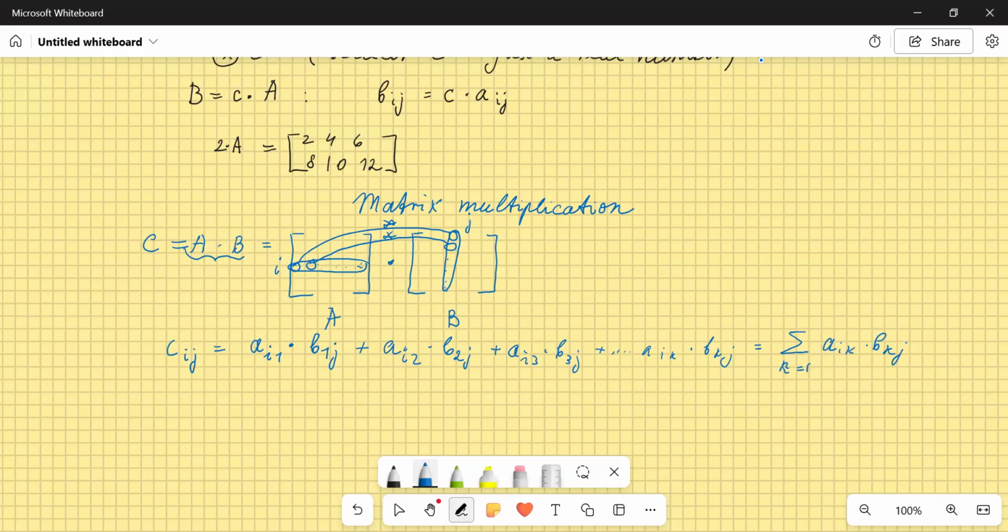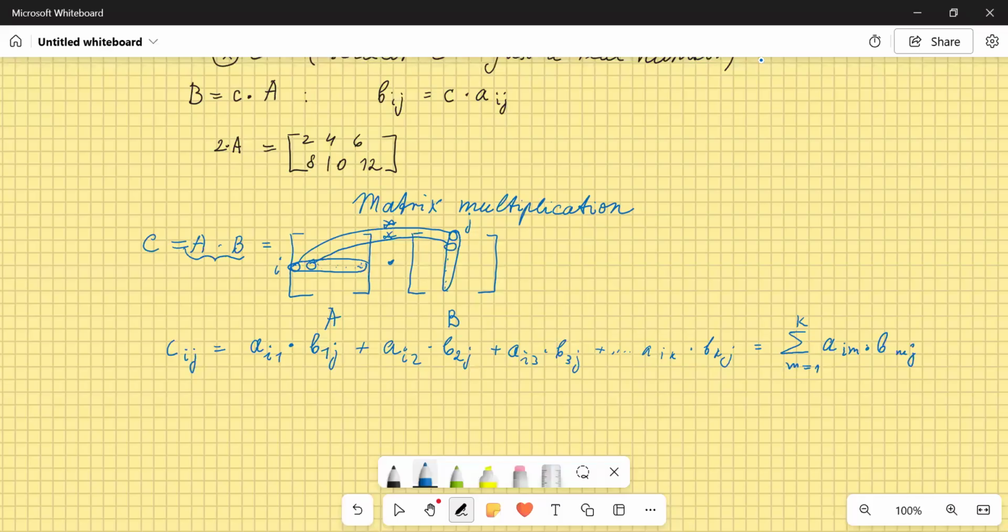Well, maybe K is not a good idea because I already labeled the dimension as K. Let's use a different letter, M. So A_iM, B_Mj, and the summation index M is going from 1 to K. So we sum up the products A_i1 B_1j, and so on, until M reaches the last element.